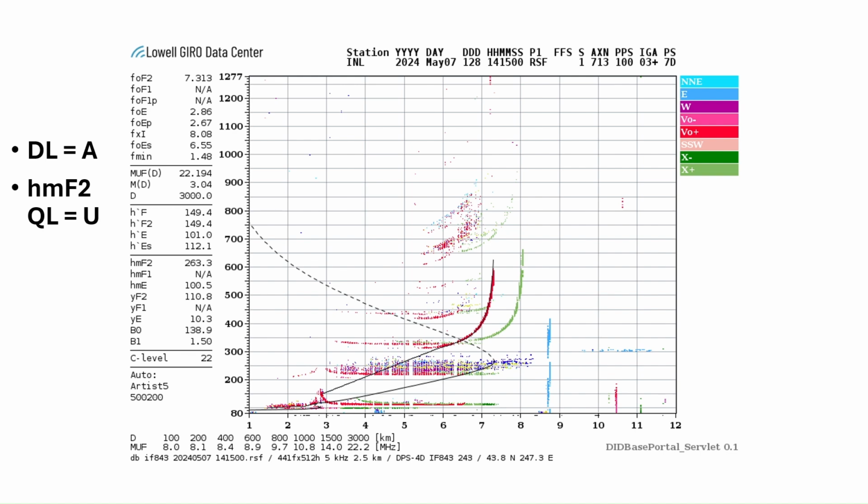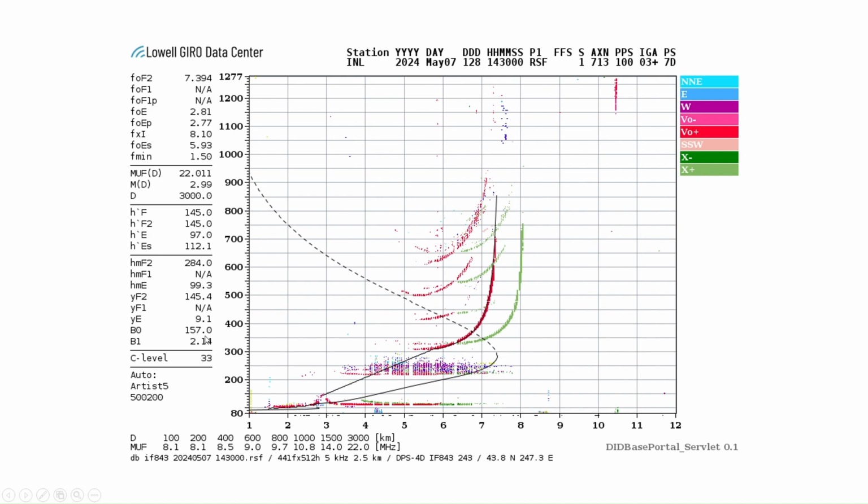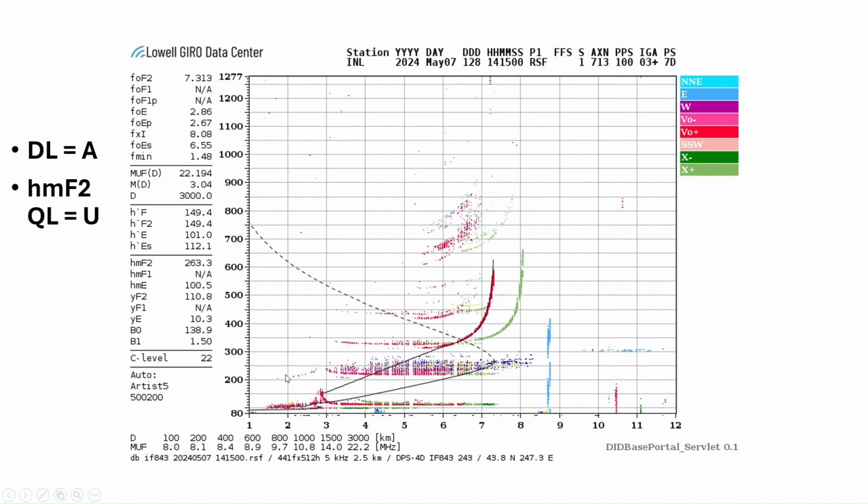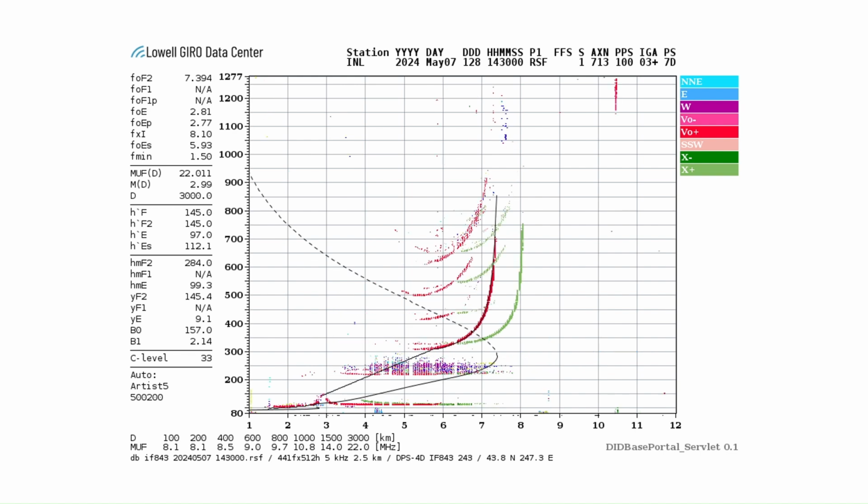However, what you can do is identify the parameters that you can clearly identify. All of our sporadic E parameters and E region parameters are clear. Our FOF2 is really clean. So these are things that we can recover from this ionogram. We can progress in time a little bit.